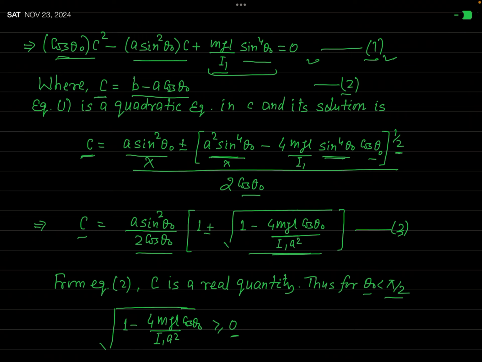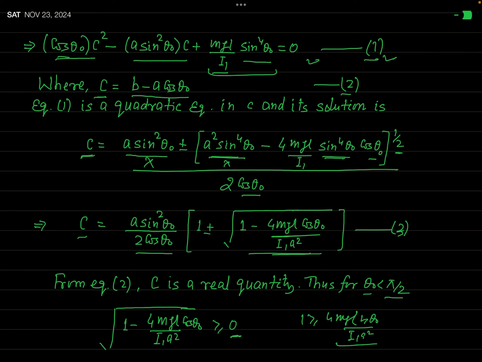So as C must be real, this discriminant must be greater or equal to 0. And if this is greater or equal to 0, what does it mean? It means 1 must be greater or equal to 4 mgl cos theta naught divided by I1 a square.